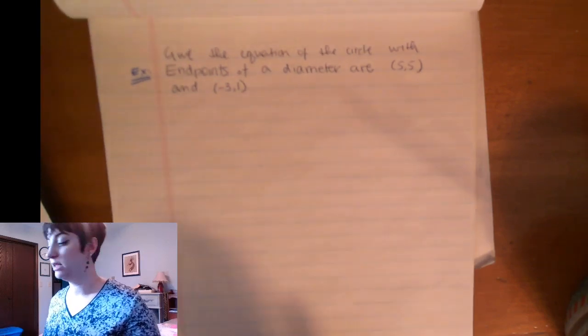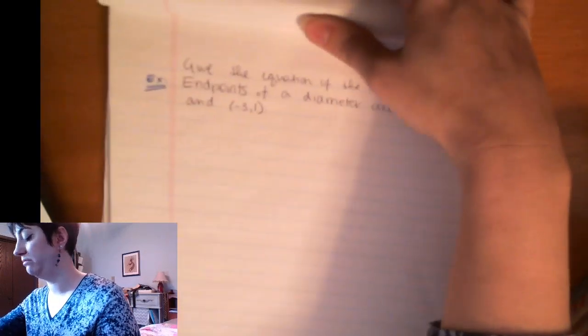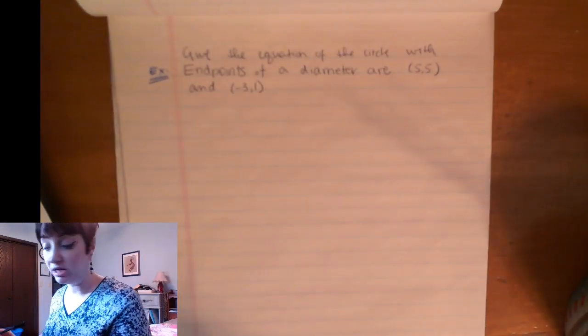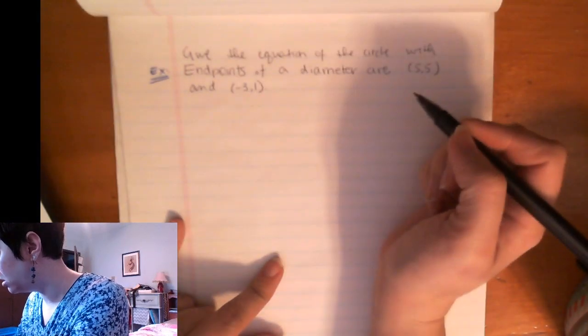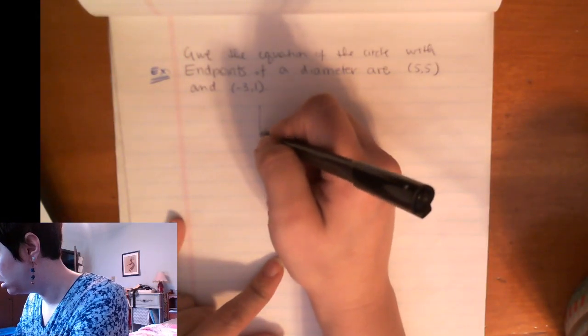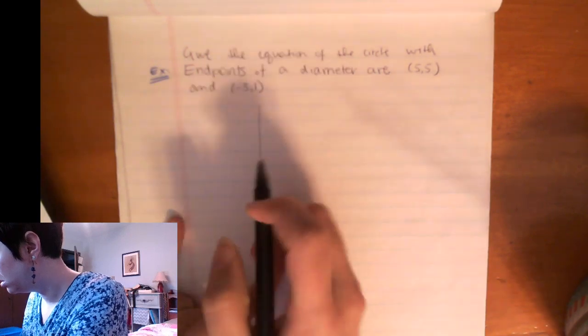So again, like the last one, just reading this doesn't really mean anything to me, but if I draw a quick picture, maybe we can make some sense of it. So let's go quick sketch.